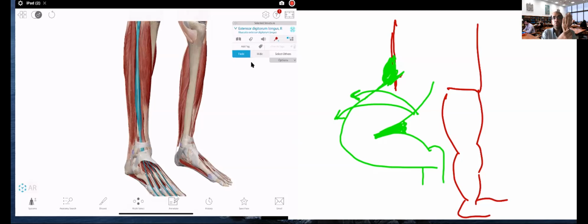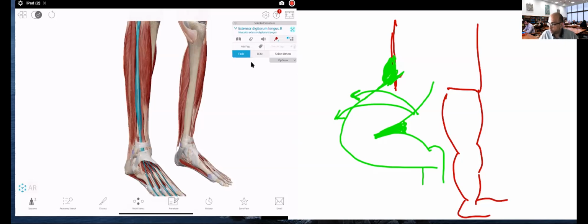Here, I am pulling on the foot like this. Is this extension or flexion? This is extension, but we don't call it extension. We call it dorsiflexion.